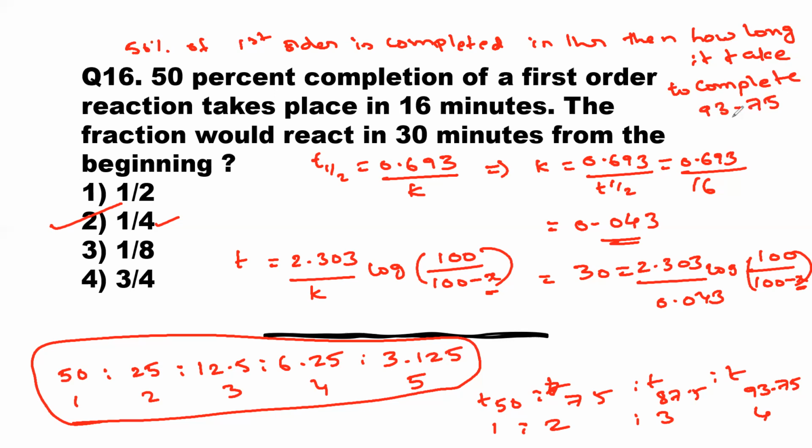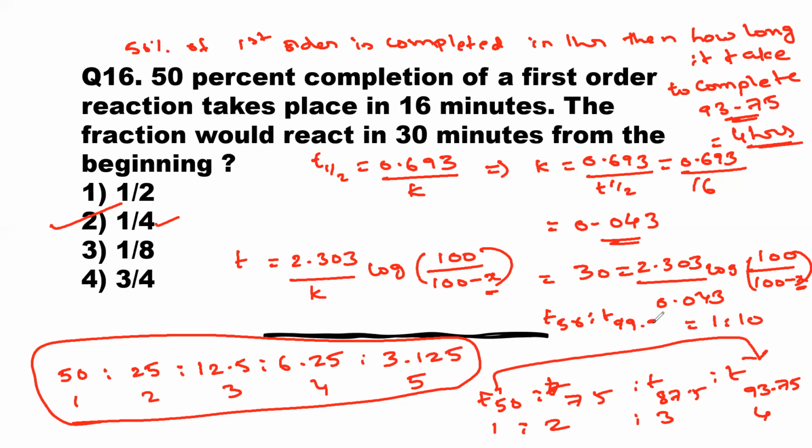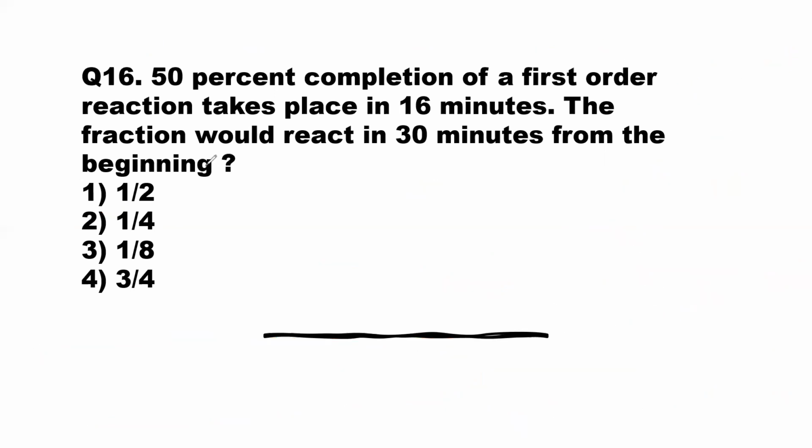In this case, the ratio is 1:4, so the answer is 4 hours. I hope it is clear. So please remember this ratio, and always T50 is to T99.9 is 1:10. So the answer is 1/2. Sorry, 1/4.